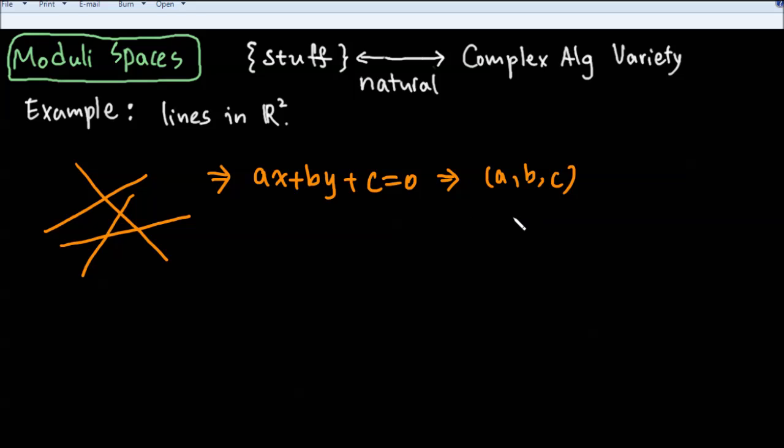You can do it quickly, but we'll do it one step at a time. If you multiply a, b, c by a positive 2, positive 2 and positive 2, you can see that's the same line. You can cancel those factors of 2.